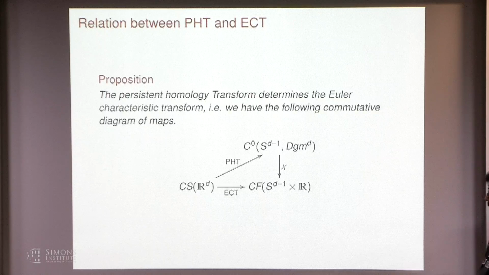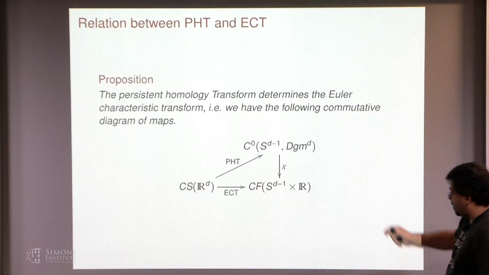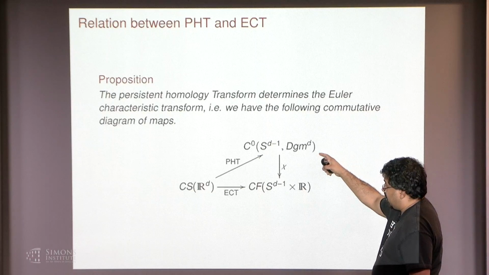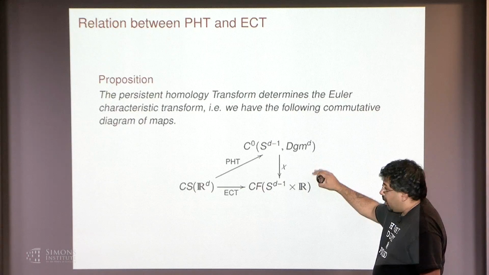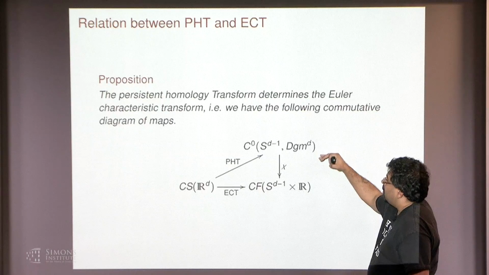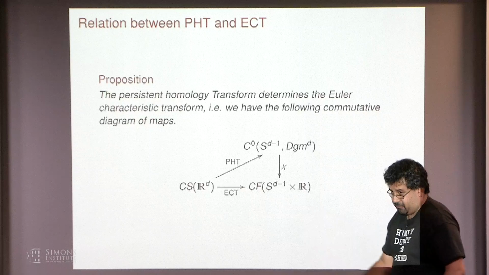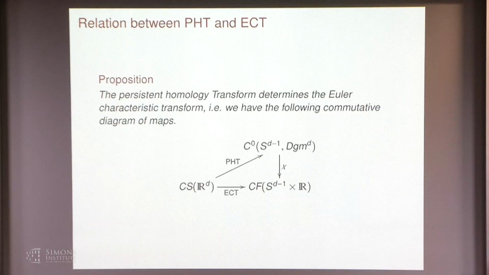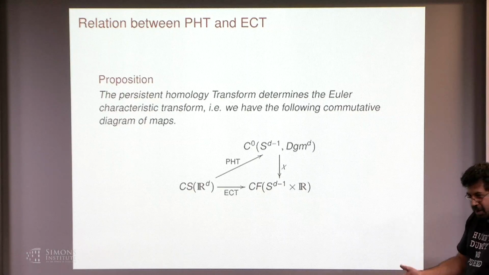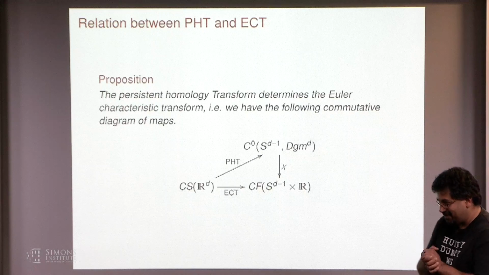Now just for anyone who cares, there's a commutative diagram between the persistent homology transform and the Euler characteristic transform. And all this says is that the Euler characteristic transform has less information than the persistent homology transform. And now, since we are in a robust statistics workshop, I should say something about robustness. Okay?